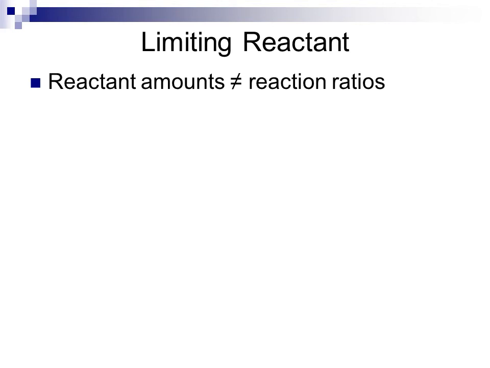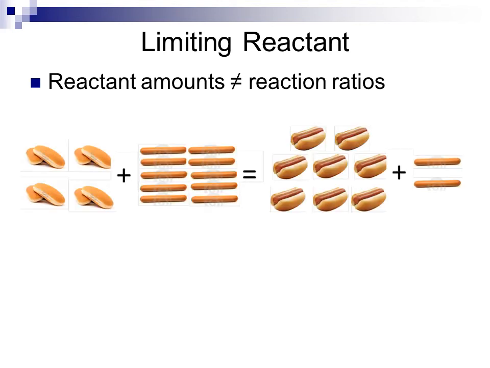As kind of a crude example of this, more mundane, if we were trying to make hot dogs out of hot dog buns and hot dog wieners. If we had 8 hot dog buns, if you look at the left-hand side, count them up, there are a total of 8, and 10 hot dog wieners, we can make 8 hot dogs out of that, because to make a hot dog you need 1 bun and 1 wiener to make the hot dog.